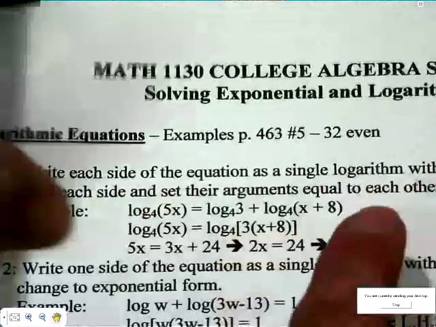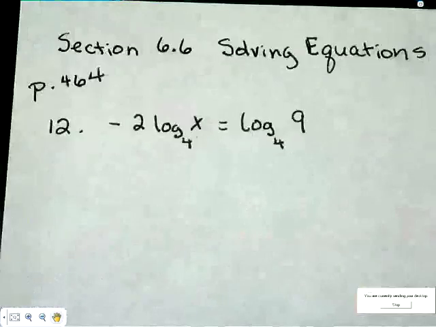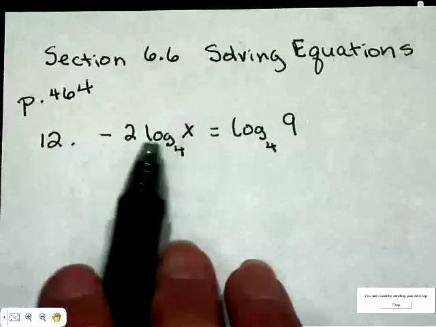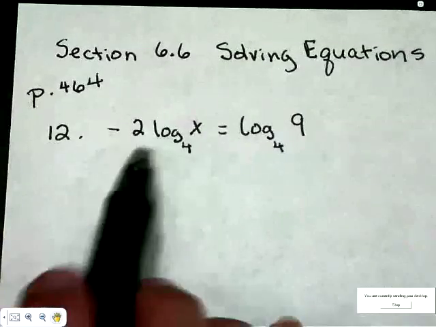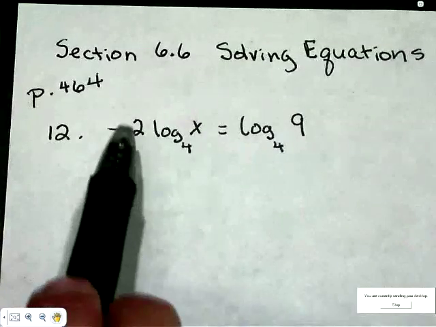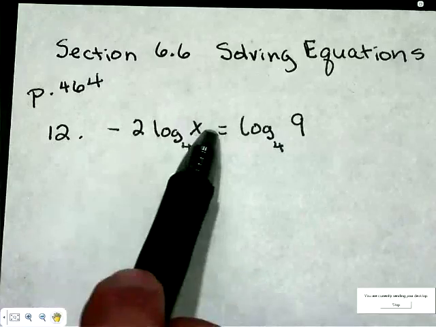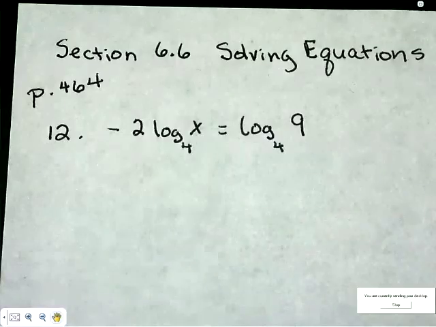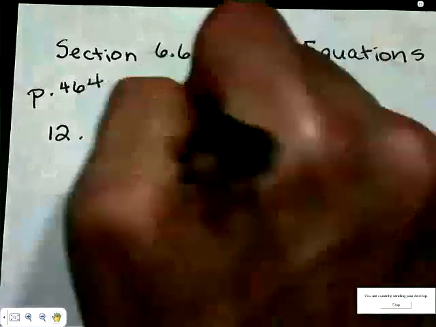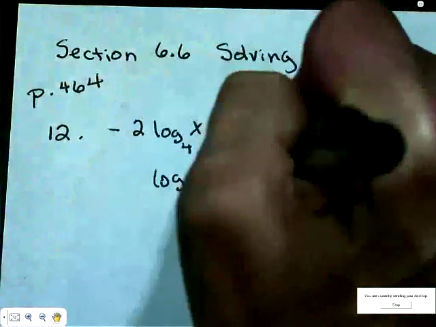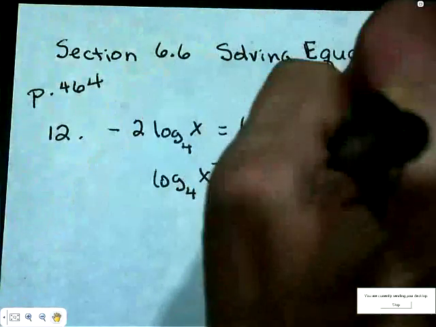Well, we're almost there already, except for I need this left-hand side. I need to put that negative 2 somewhere else. Where could I put it? Back as the exponent of the x: log base 4 of x to the negative 2 equals log base 4 of 9.